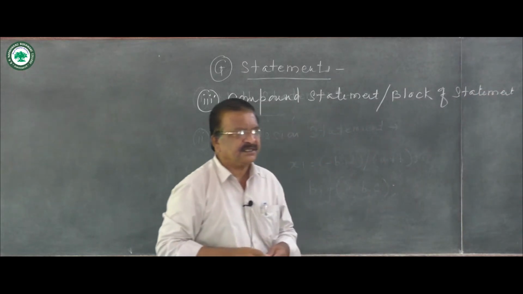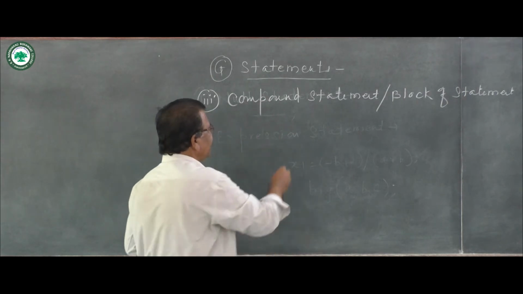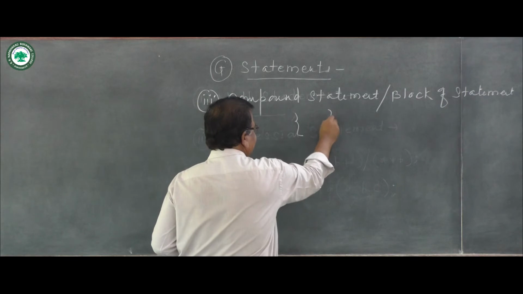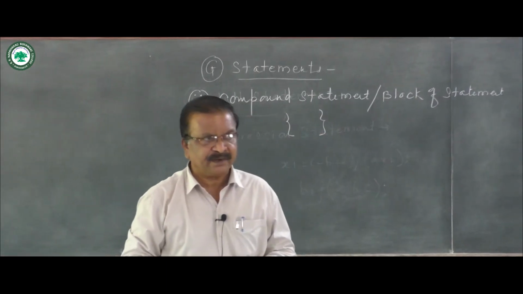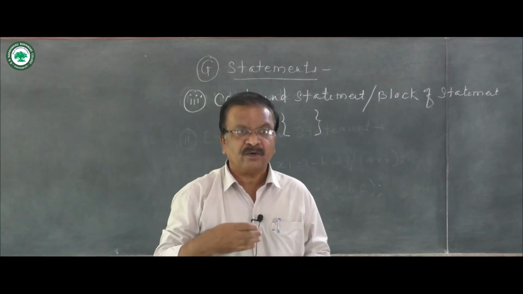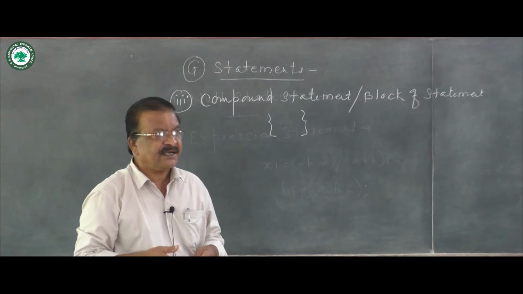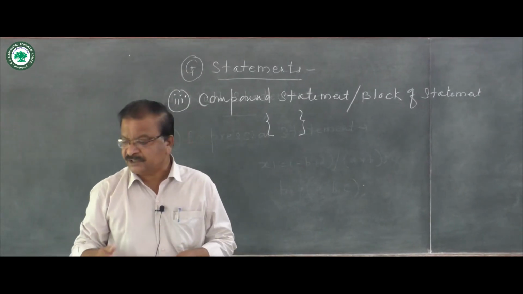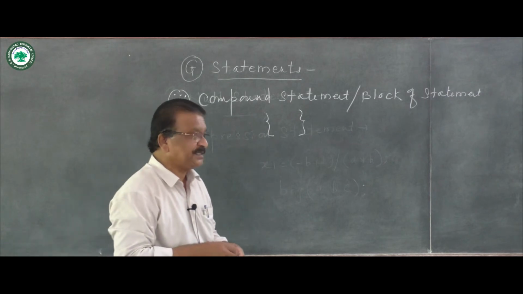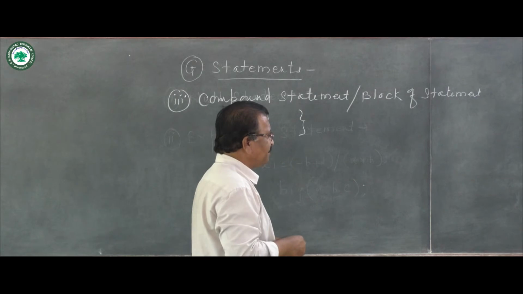Compound statement or block of statement consists of one or more statements enclosed in a pair of braces, and such blocking is made for specific purposes such as execution repetition of a group of statements.